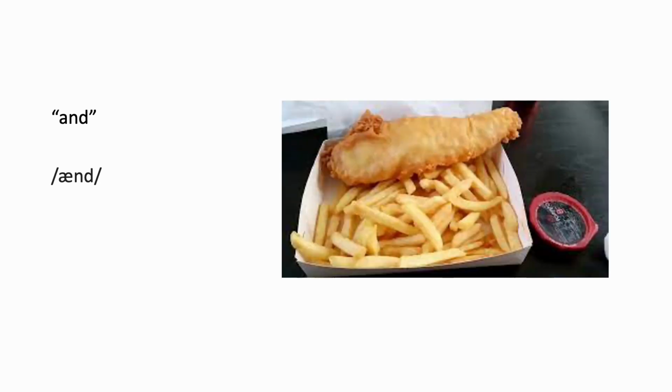Or another example you'll be familiar with, and technically, if you look in the dictionary, it'll tell you the pronunciation is and, like that. But in a sentence like when you say fish and chips, in the real world, you probably pronounce it just fish chips with a schwa. So the and has just been reduced down to a schwa.